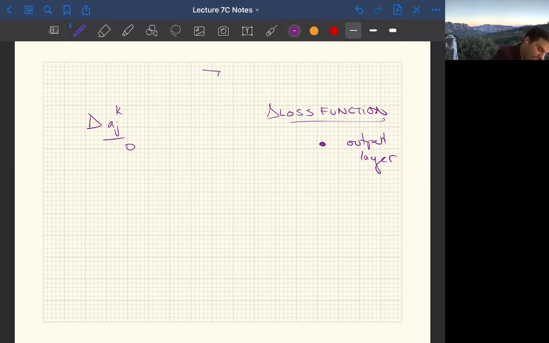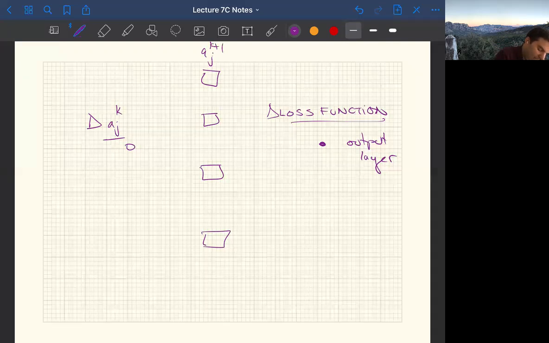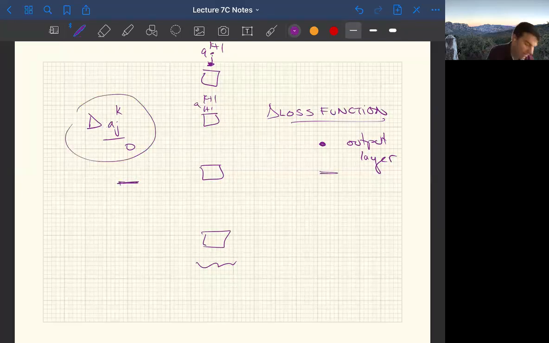In this intermediate layer, which is AJK plus 1, or AI plus 1, K plus 1, and so on, there are all of these activation functions at this intermediate layer in between the focal layer and the output function. This delta here gets spread out among those.